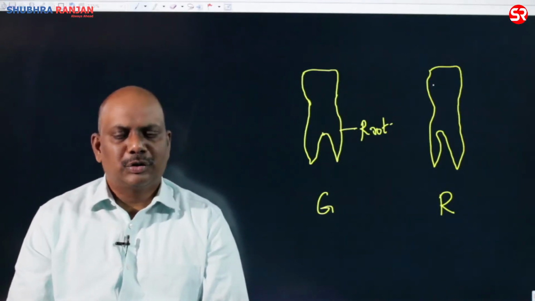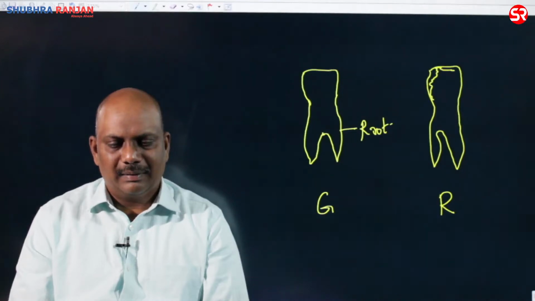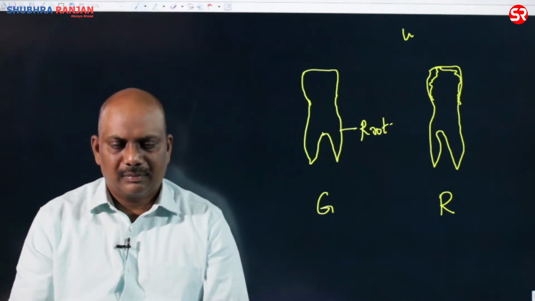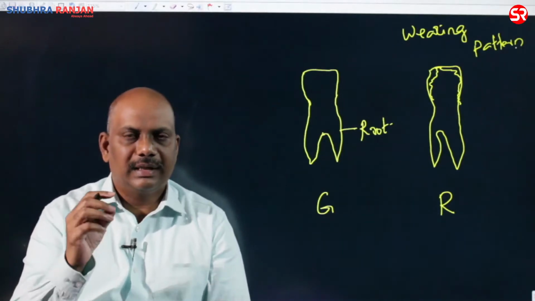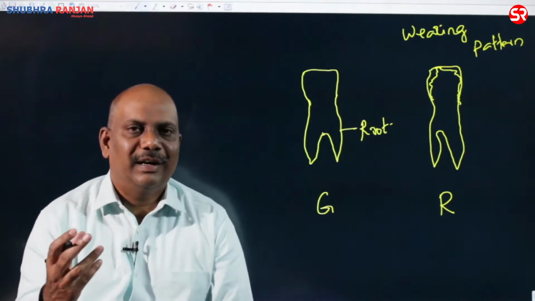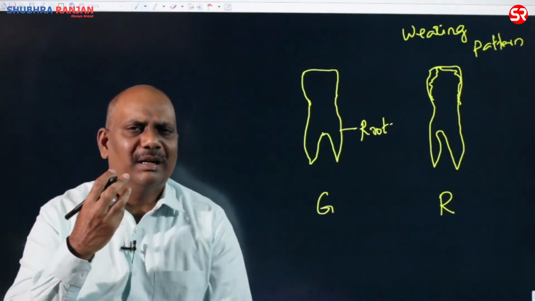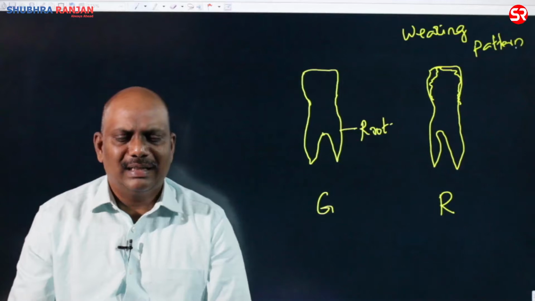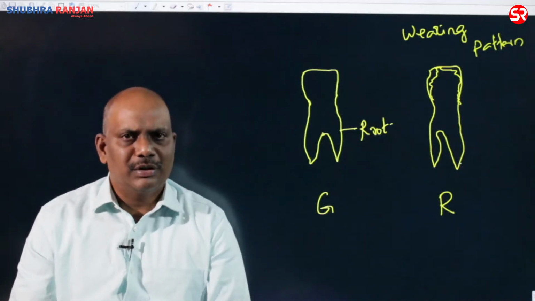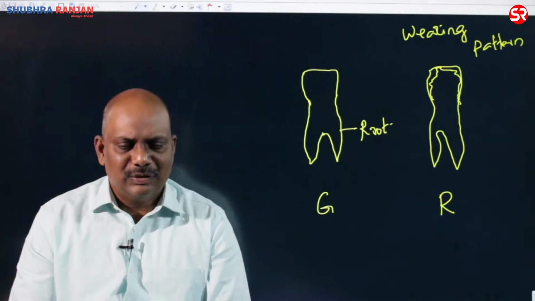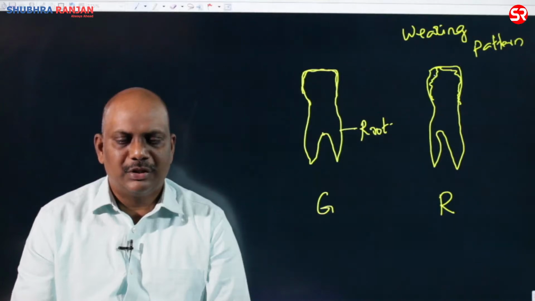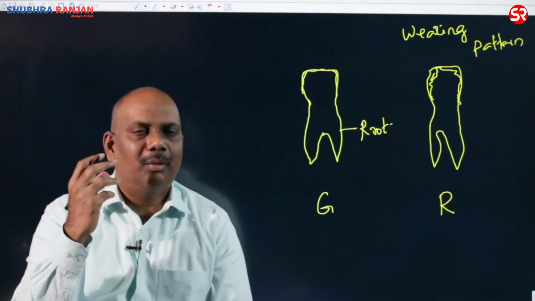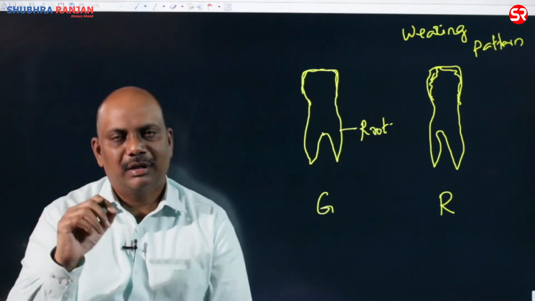The molars of robust show a greater wearing pattern. So wear and tear, right? That is because of abrasion, because of biting, because of chewing, because of damage. There is a greater wearing pattern in the teeth of robust, but in gracile there is only a slight wearing pattern. There is not much damage in the molars of gracile when compared to that of robust.